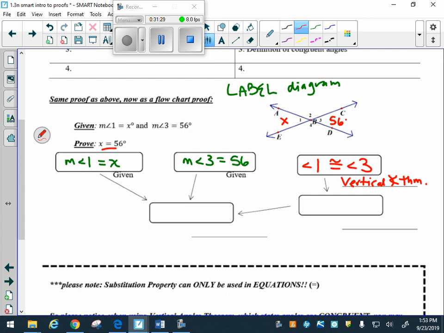Therefore, right, if that was our if, my then could be the measure of angle 1 equals the measure of angle 3. Again, notice the notation. The congruent sign turned into an equal sign. At the same time, we had to put the little m's there, because now we're in an equation. The measure of angle 1 equals the measure of angle 3. Reason? Definition of congruent. You could just write it like that.